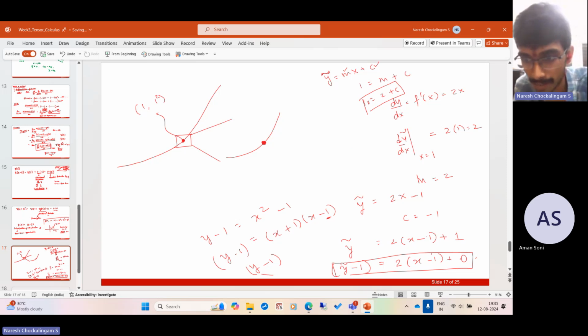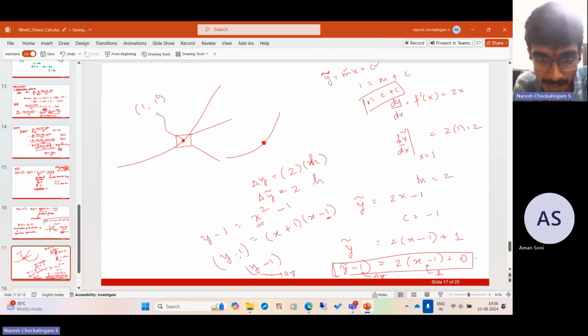You can call x minus 1 another variable h, and y minus 1 some delta y. So for the actual function, in the vicinity of the point, delta y is x plus 1 into h, and x plus 1 is approximately 2, so it is 2 into h. And delta y tilde is also 2 into h.